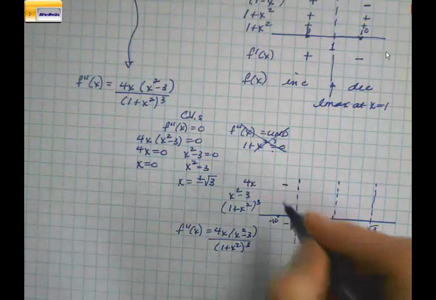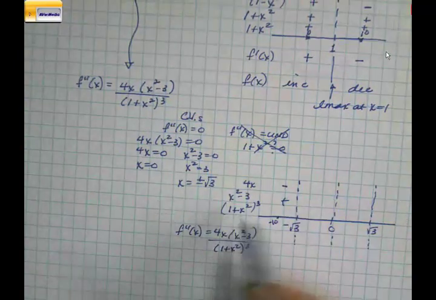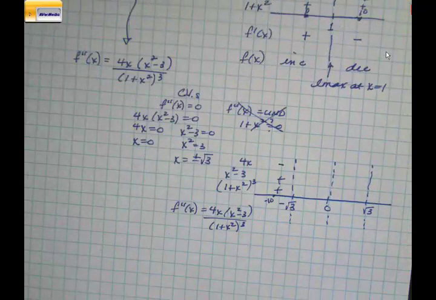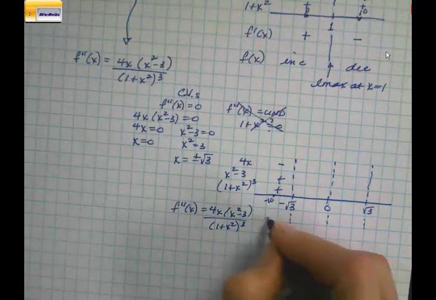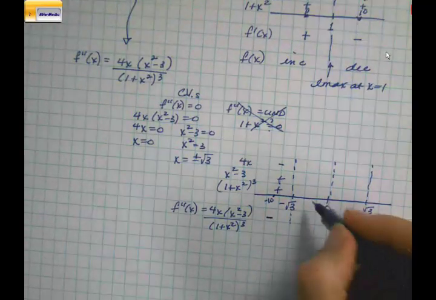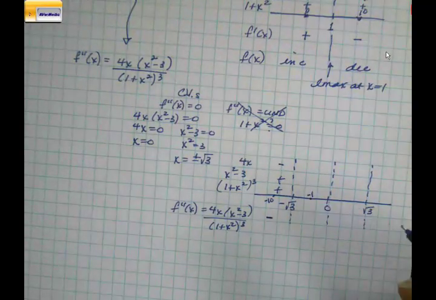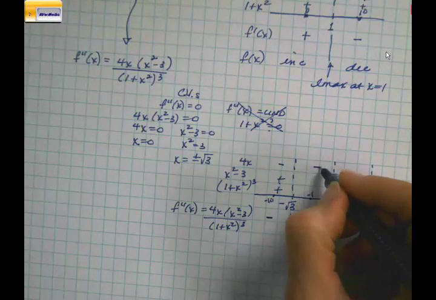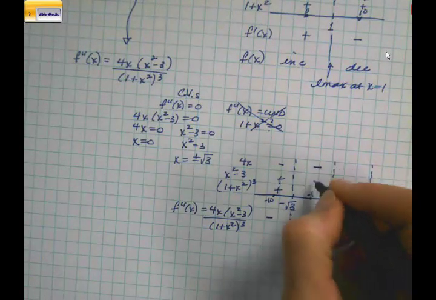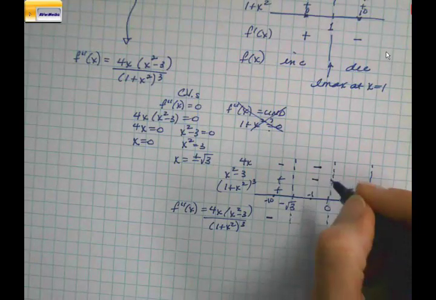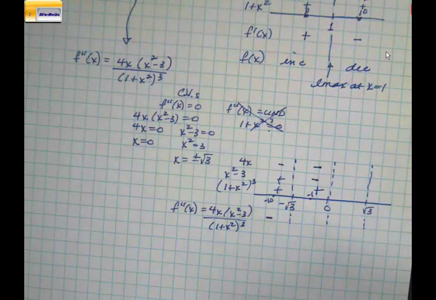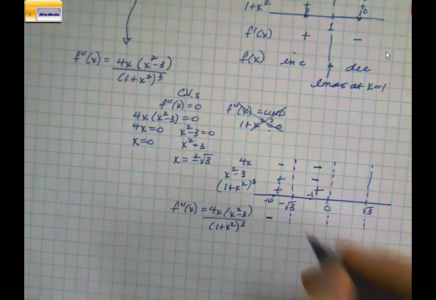Negative 10 squared is 100, and 100 minus 3 is positive. 1 plus 100 cubed is positive. So what is f double prime, positive or negative? Negative. Now, what's in between? Negative 1. 4 times negative 1 is negative. Negative 1 squared is 1, minus 3 is negative 2. And 1 plus negative 1 squared is 2 cubed, which is positive. So the second derivative is positive.